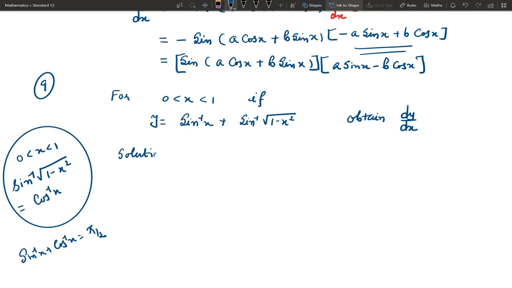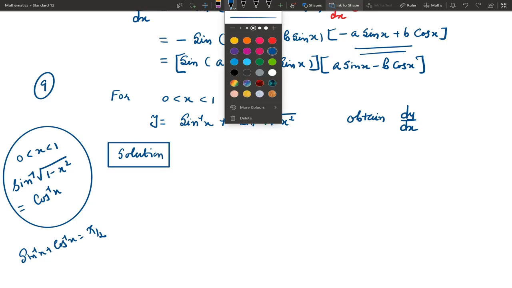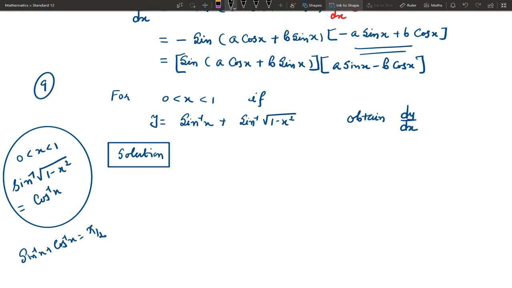Solution. y equal to sin inverse x plus sin inverse under root 1 minus x square. Note that this condition is given, so this can be written as cos inverse x.